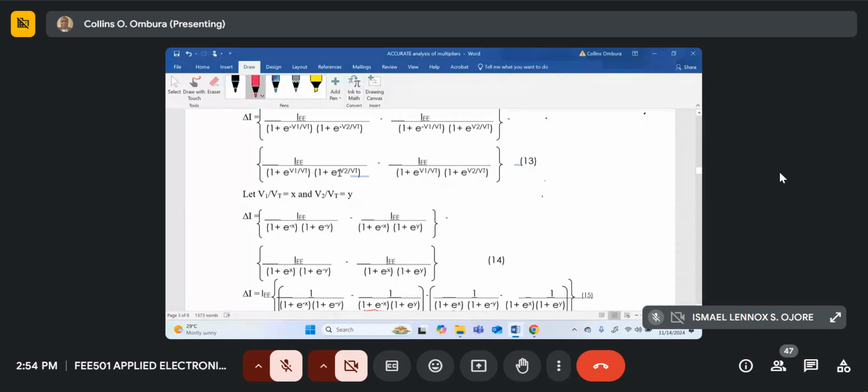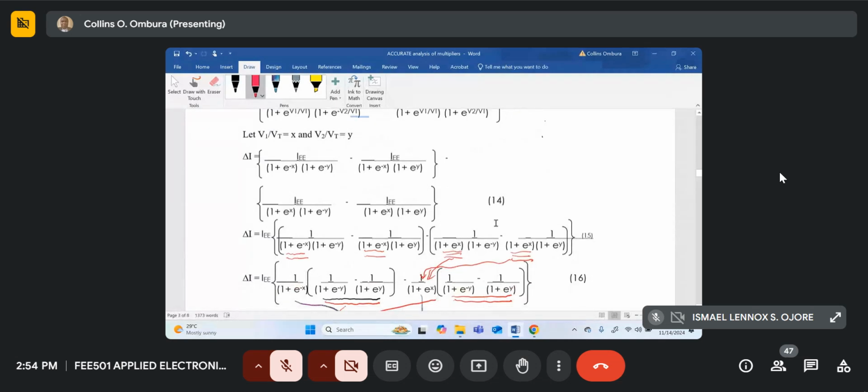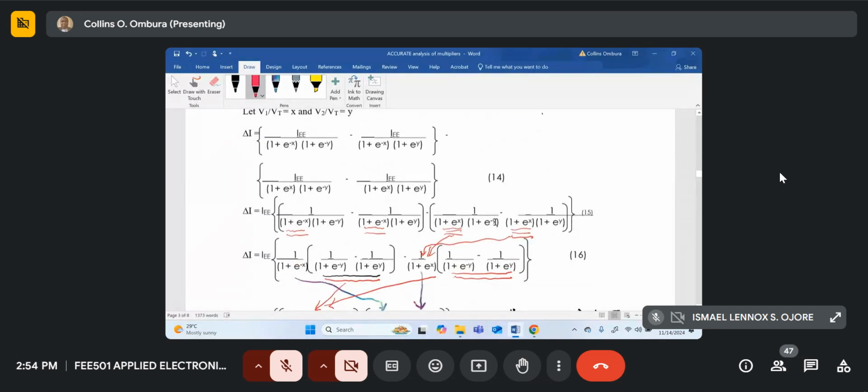Then for here, we get minus Y, this one. And for this last term, you get positive X and positive Y. So you get this term over here. That's how we get equation 14. We put in the variables so that we don't make mistakes. Okay, now it's time to simplify 14.